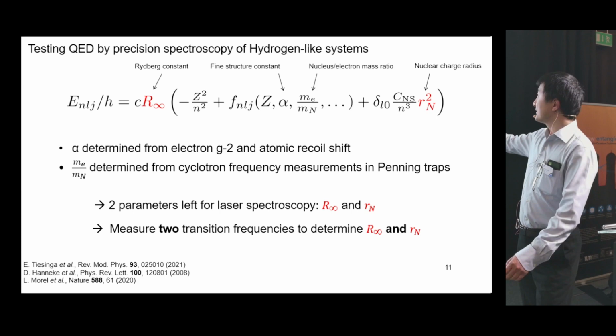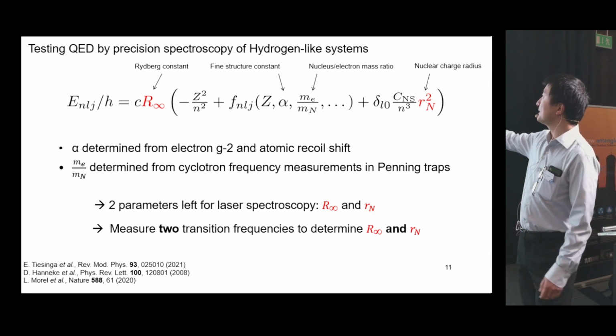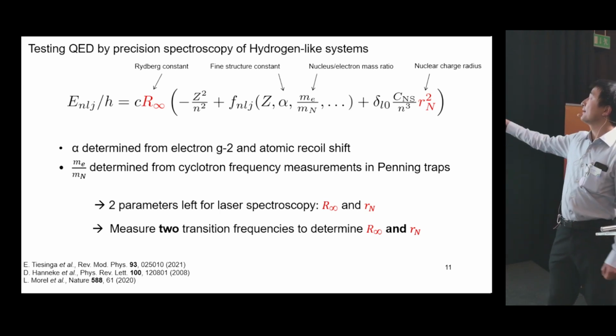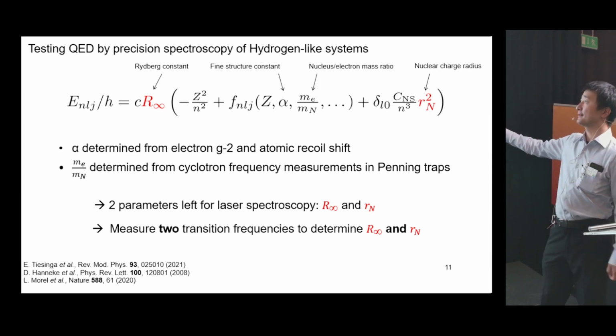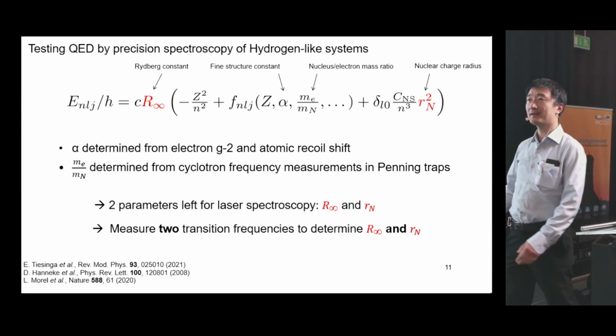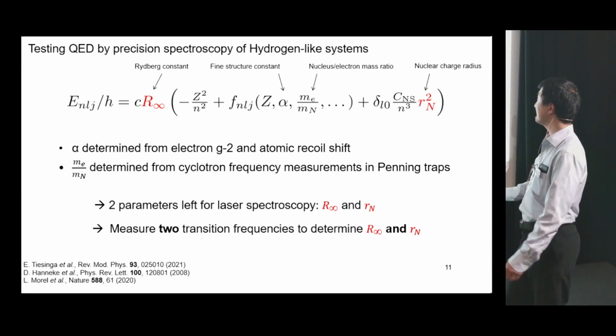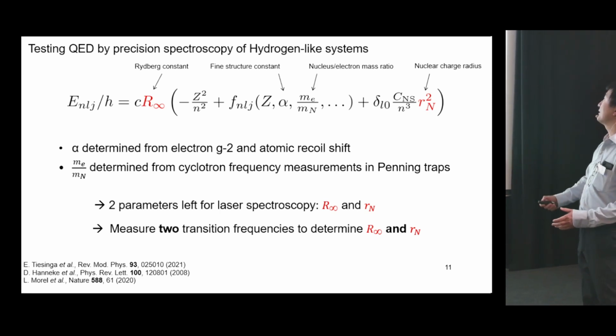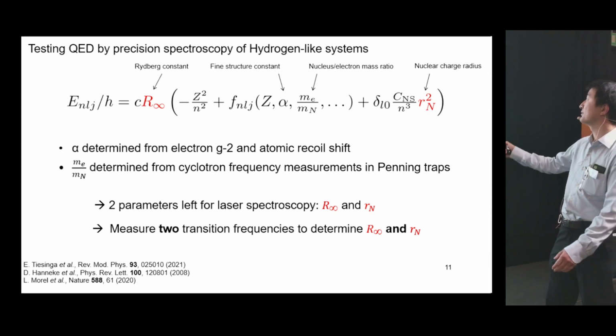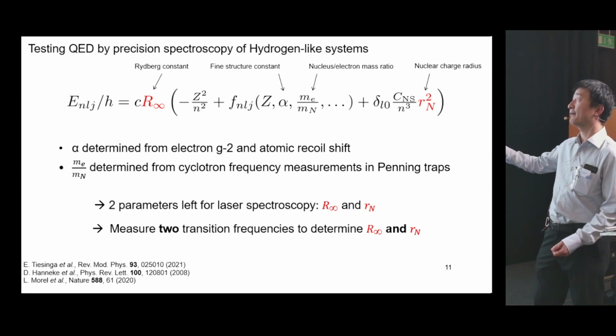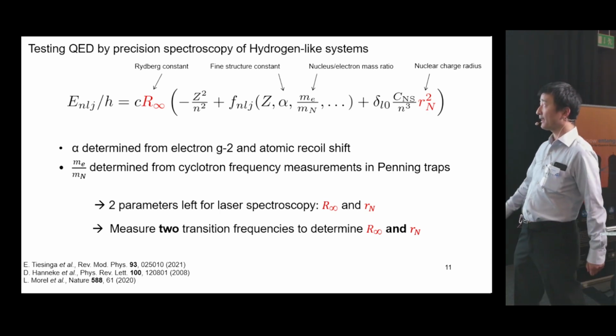This last term is also interesting. It represents the small correction from the size of the nucleus. So with high precision spectroscopy, it's not a good approximation to consider that the nucleus is point-like. We have to also take into account the distribution of the charge of the nucleus. That also affects the transition frequency slightly.